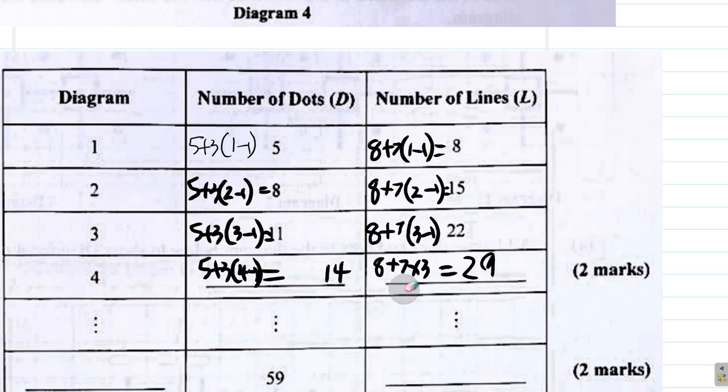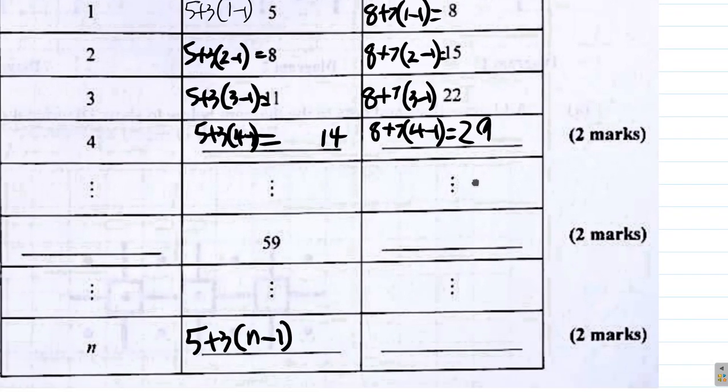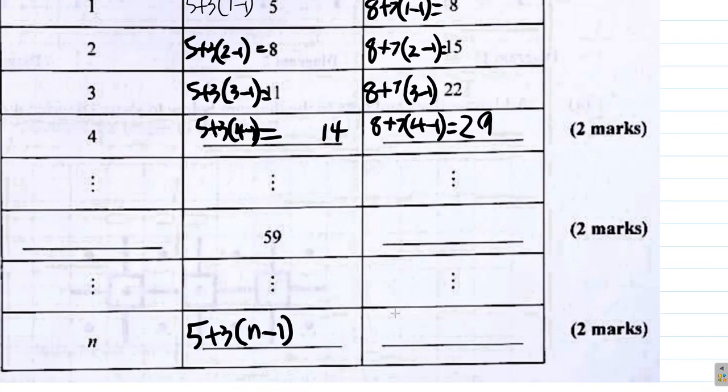This would be 8 plus 7 times 4 minus 1. So the general pattern would be 8 plus 7 times diagram number n minus 1. Alright? So you see that.